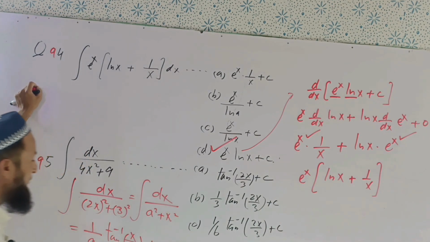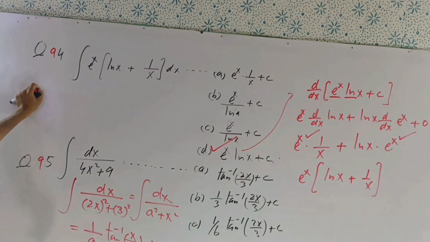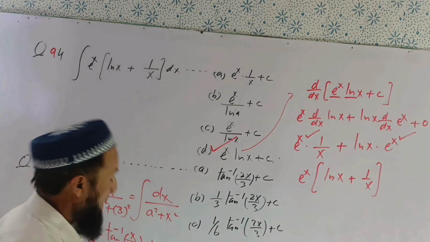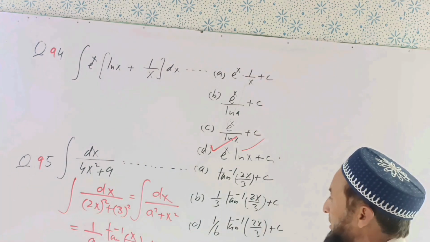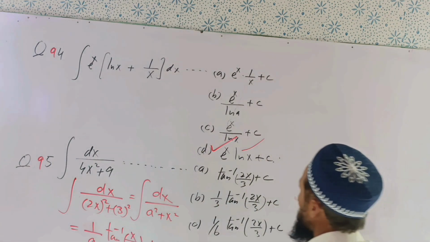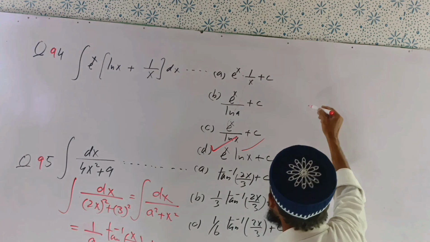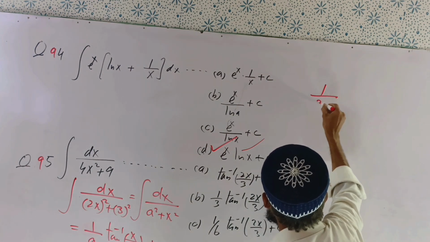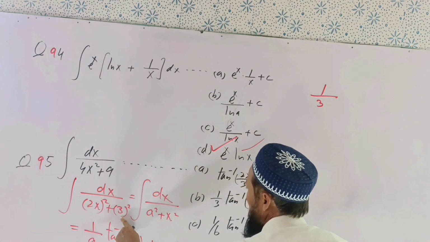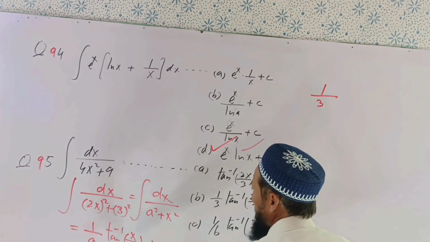If we apply this formula here, a is equal to 3 and x is equal to 2x, so we put 1 over 3 in place of a.